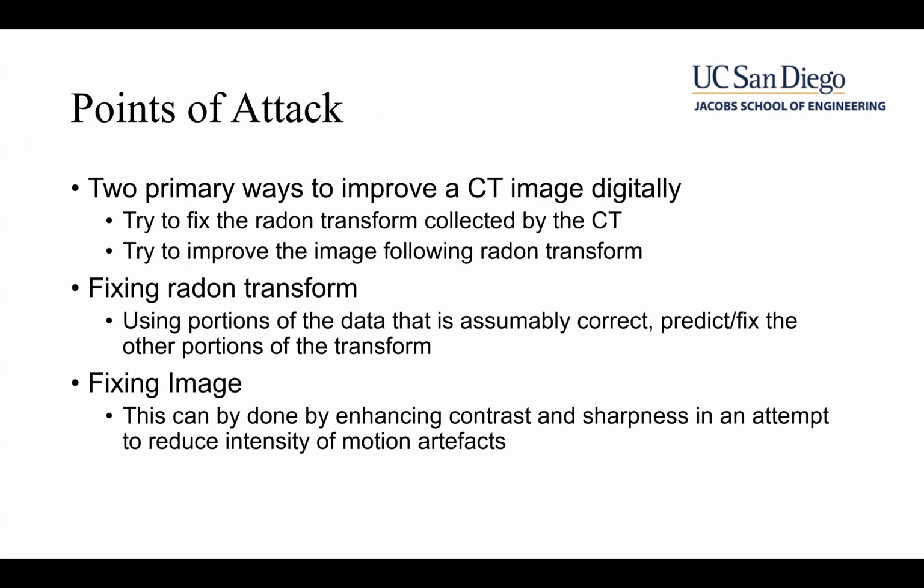So my points of attack to fix this are primarily twofold: to either directly try and fix the image by enhancing contrast or sharpness, or to try and fix the radon transform by using short portions of the data that are in a small enough bracket that you can assume it is correct, to try and predict what the rest of the transform should look like.